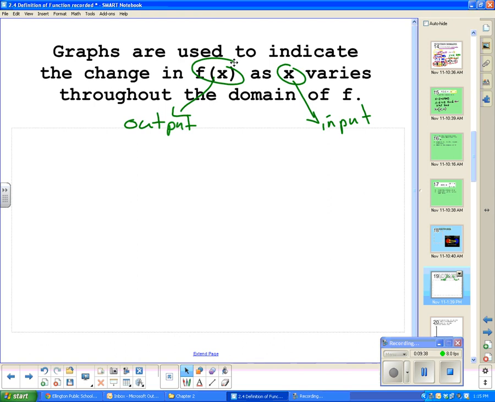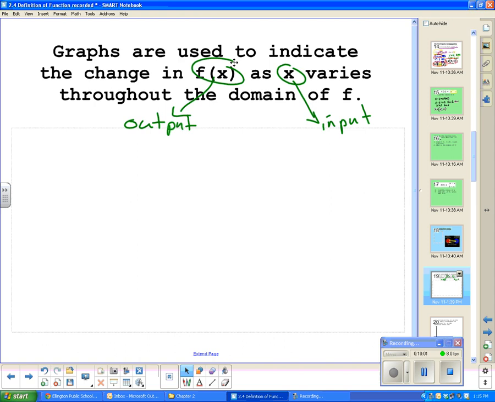So as our x's get bigger, what happens to our y's? As our x gets smaller, what happens to our y's? And then we start to say, well, what happens if x goes to infinity or negative infinity, or x gets really close to 0? We talk a little bit about this in pre-calculus, but it's really heavily emphasized in calculus.